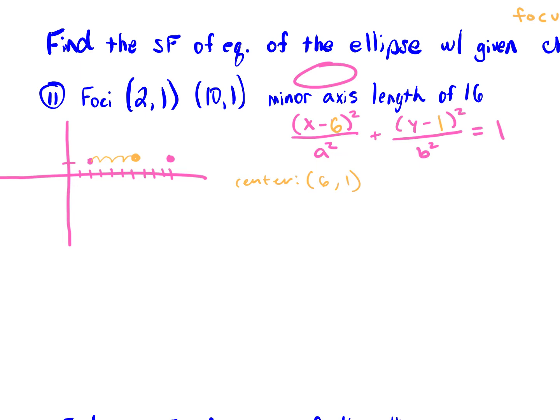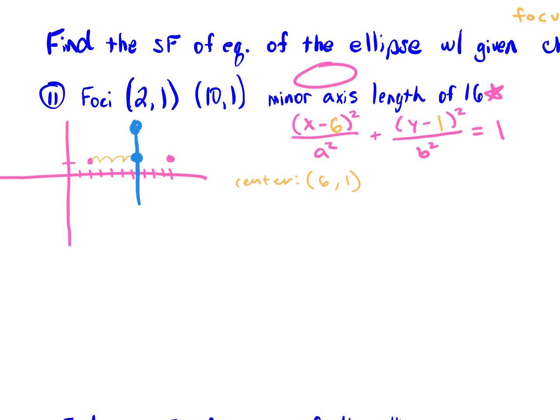So I have the minor axis length, which will help me find B. I know the minor axis length is the length of the whole minor axis. So what would just the length from the center to one point on the minor axis be?